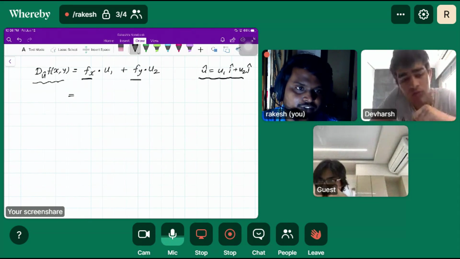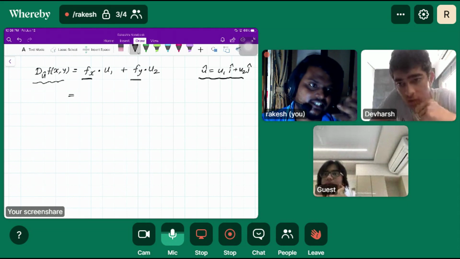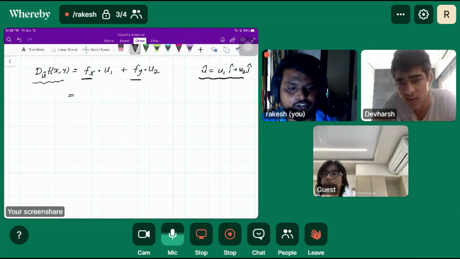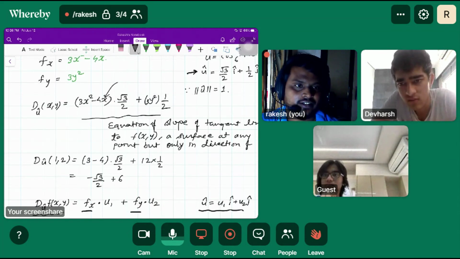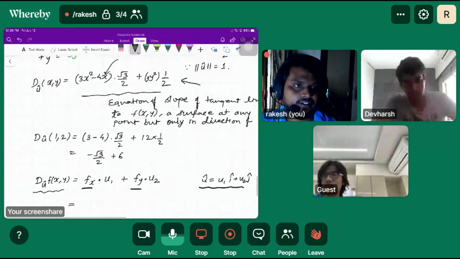The slope at one point is scalar. Or you will get an equation, and that is also not a vector. That is a scalar quantity only. I didn't say that is a vector, right?